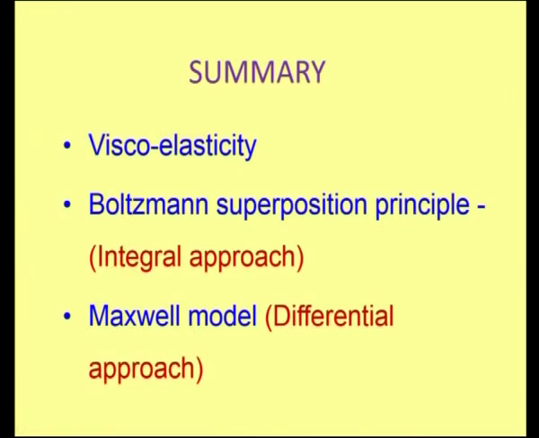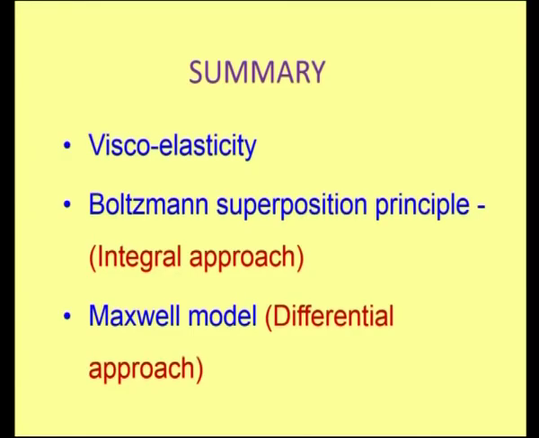So, to summarize whatever we have seen in today's class, we have seen about viscoelasticity, the integral and the differential way of exploring the viscoelastic property of materials. One example for the integral method is the Boltzmann superposition principle, which has two parts. The first one, the creep behavior the material exhibits is influenced by the past history, that is, if the material is subjected to some stress already and whatever creep it has undergone, that will have an effect on the present creep behavior.